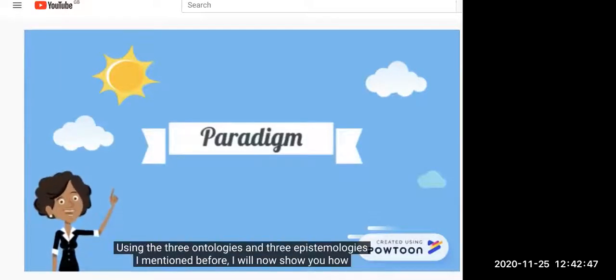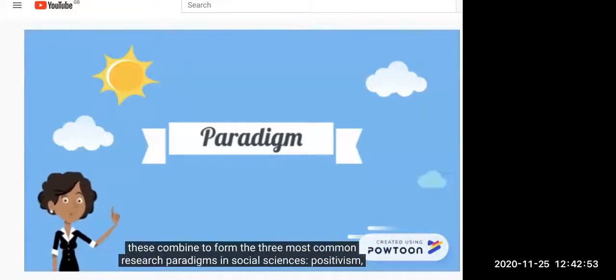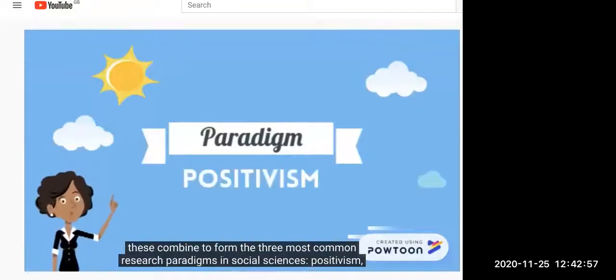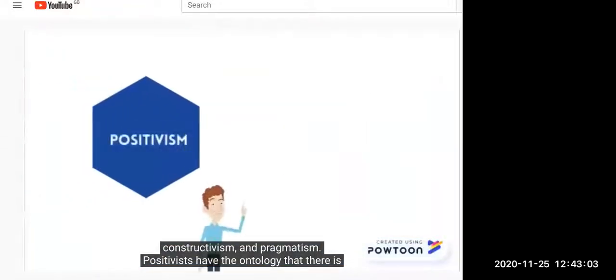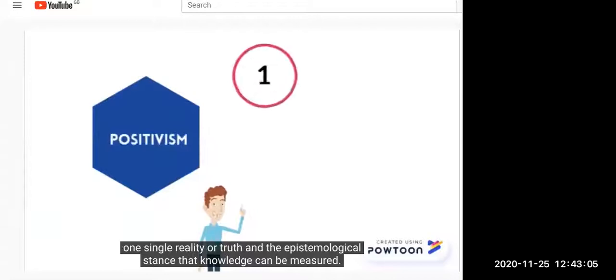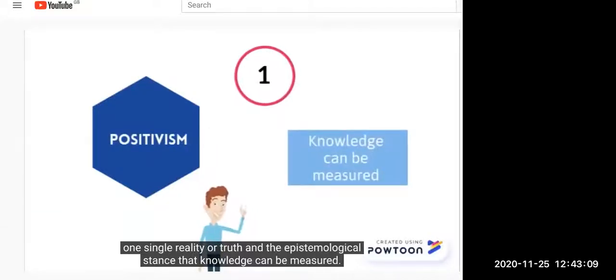Using the three ontologies and three epistemologies I mentioned before, I will now show you how these combine to form the three most common research paradigms in social sciences: positivism, constructivism, and pragmatism. Positivists have the ontology that there is one single reality or truth, and the epistemological stance that knowledge can be measured.